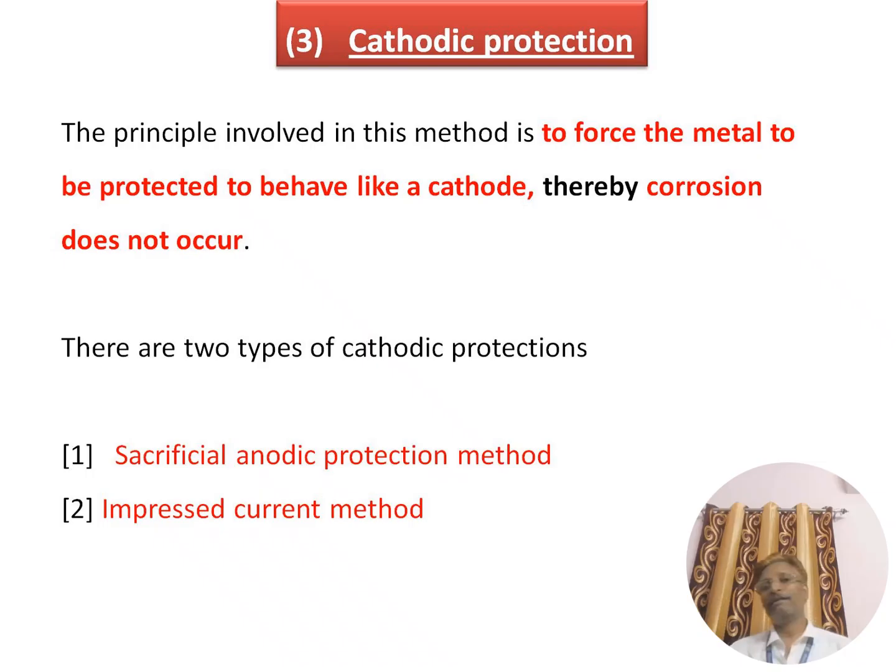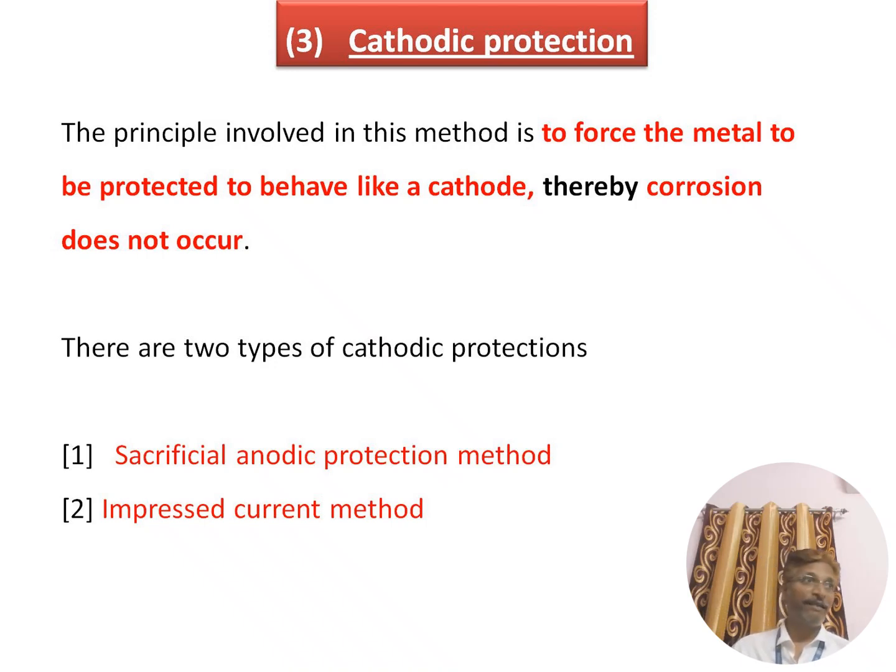The first one is material selection, the purity of the metal. The second one is design aspect, and the third one is cathodic protection. This is another important one. The principle behind cathodic protection is to force the metal to be protected to behave like a cathode, so that corrosion does not occur.